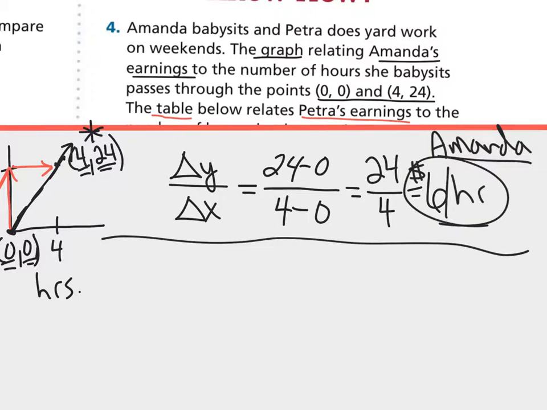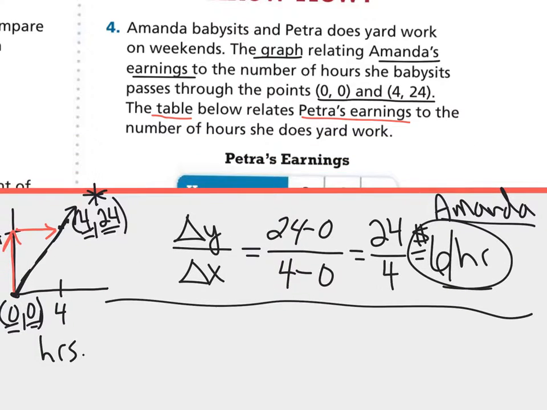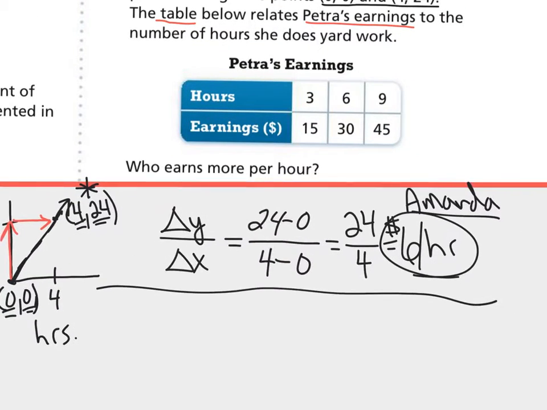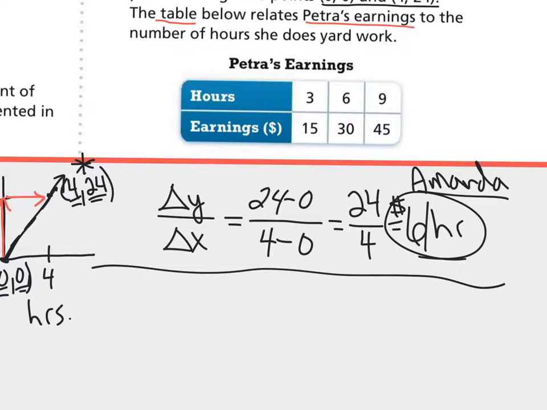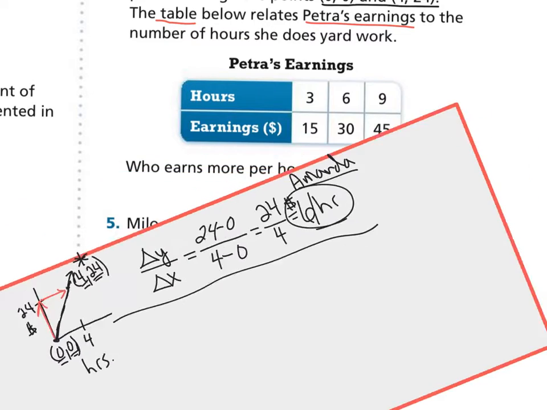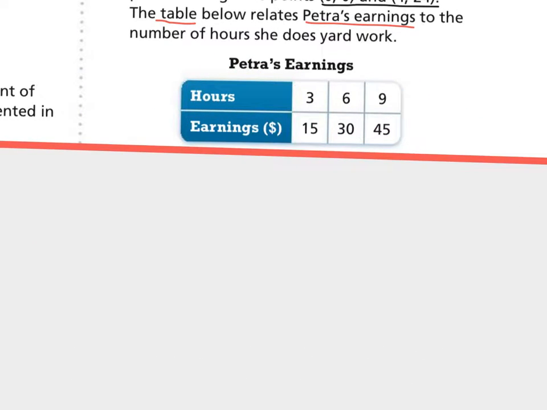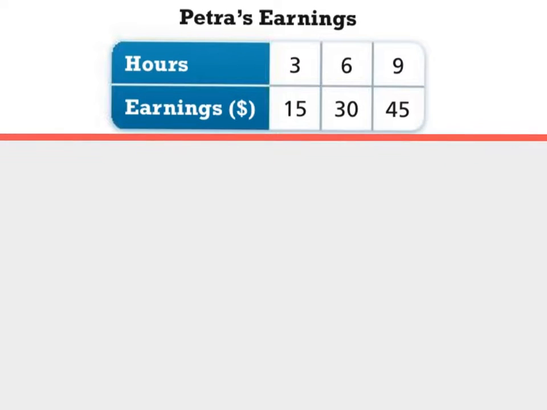And then for Petra's earnings, they've got a table that we're going to look at. On the table, we could do like what the book did at the beginning and just divide all of those out. And if they're proportional, then we'll get the same things. Another thing you could do, you could think of these as points.